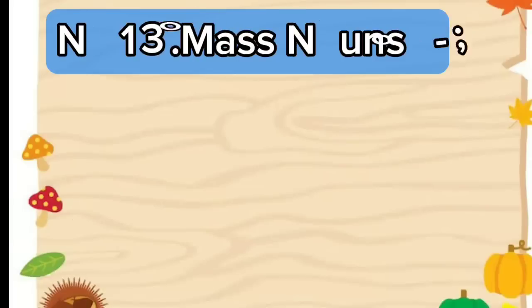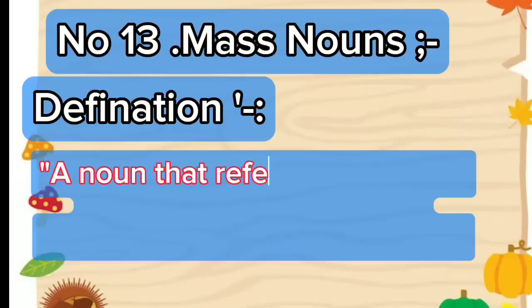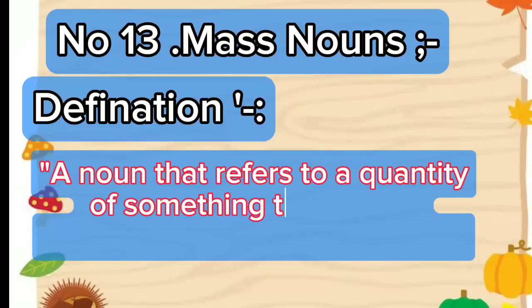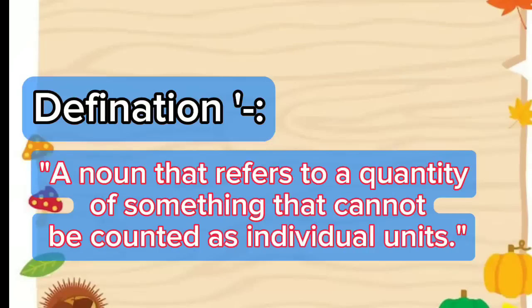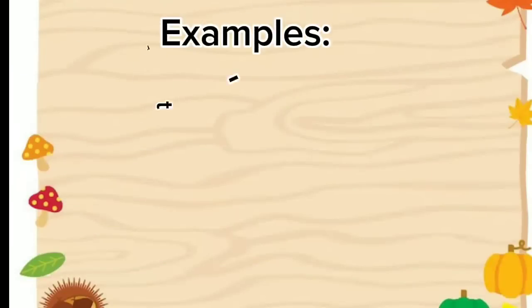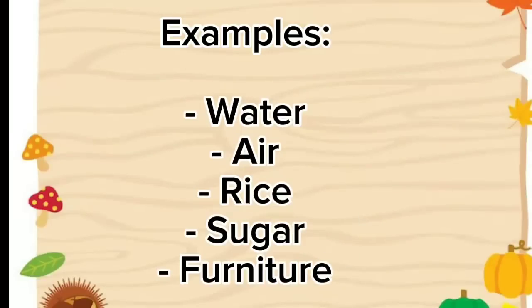Number 12. Mass nouns. Definition: a noun that refers to a quantity of something that cannot be counted as individual units. Examples: water, air, rice, sugar, furniture.